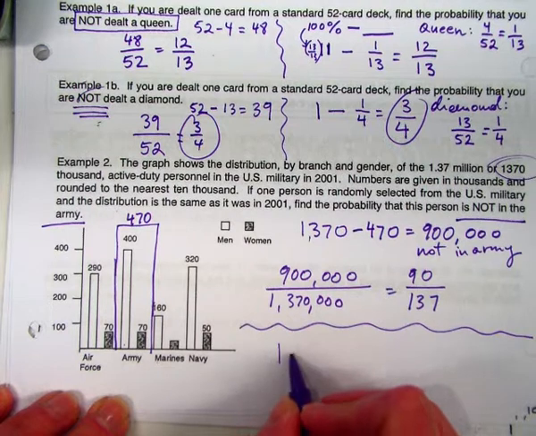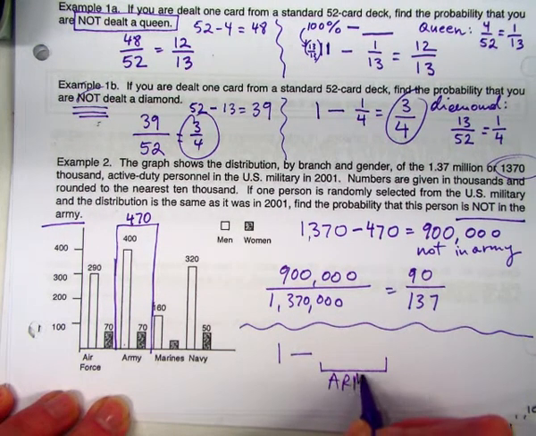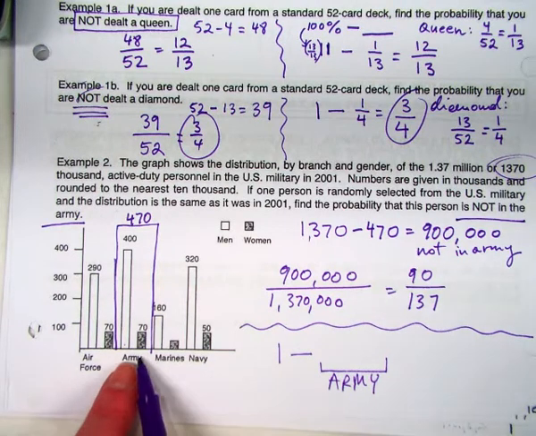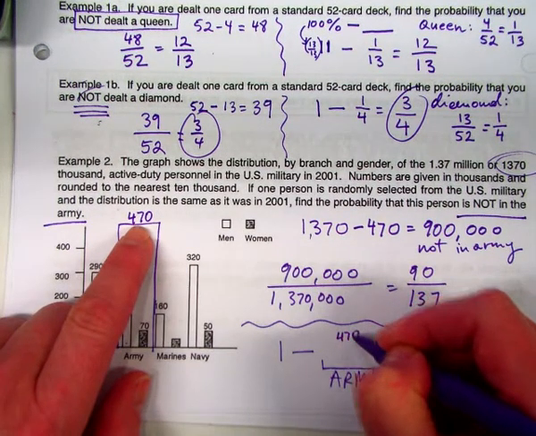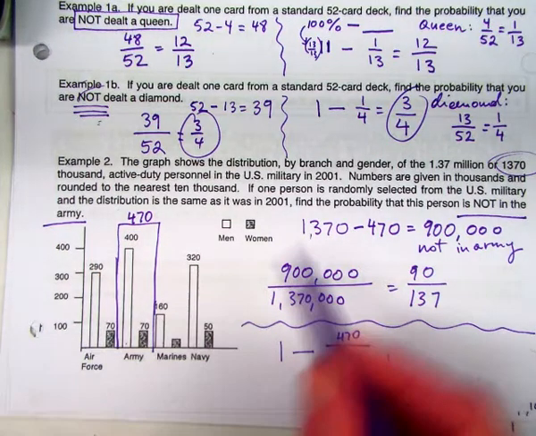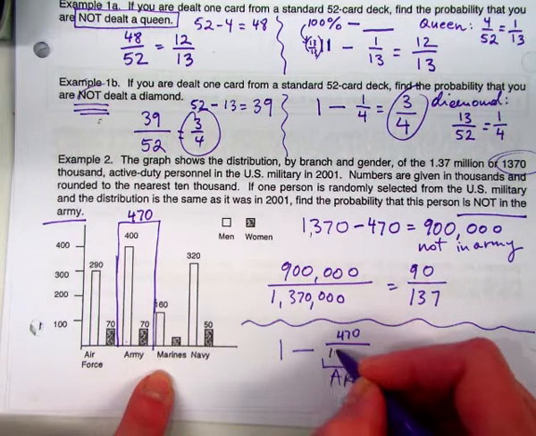So it's like 1 minus, what is the probability that someone is in the Army? So what you would do, how many people are in the Army? 470 over, what's my total for this table? It's the 1,370,000, but I'm doing it in thousands, so it's just this.